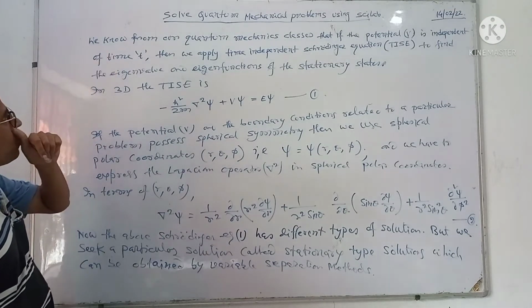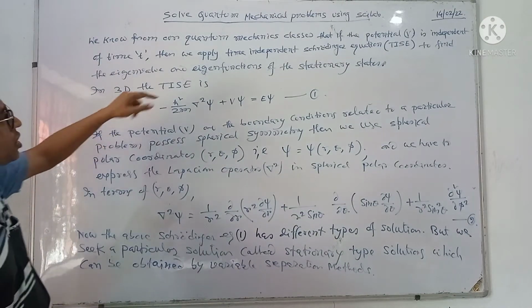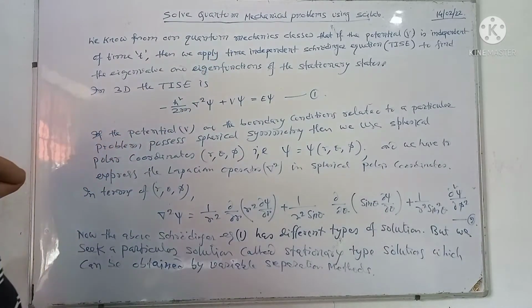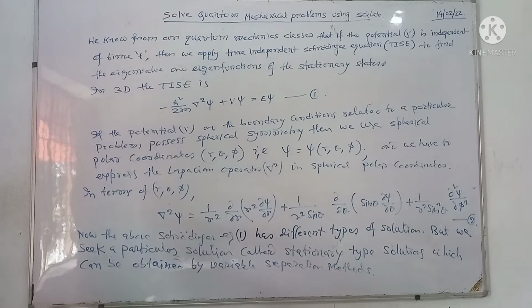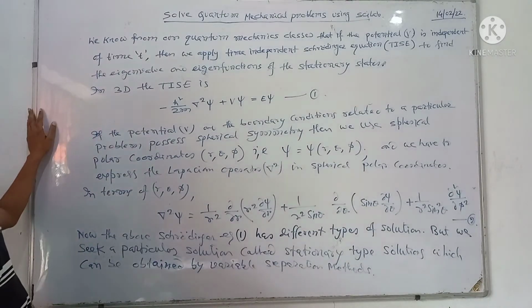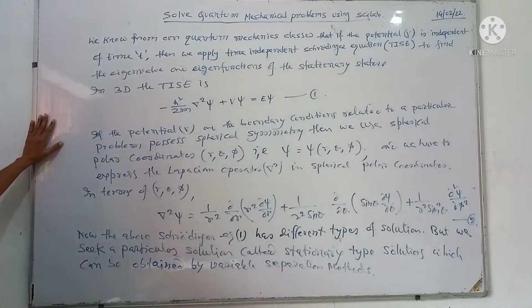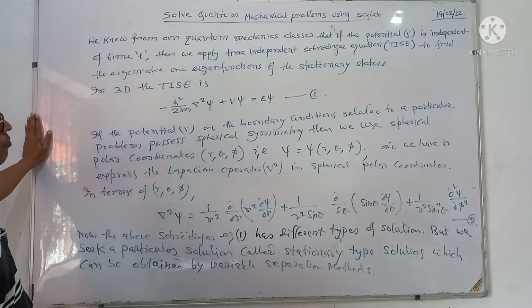Now, we know from our quantum mechanics, since we are interested in quantum mechanical problems, here we have to apply the laws of quantum mechanics. The basic law of quantum mechanics is the Schrodinger equation.